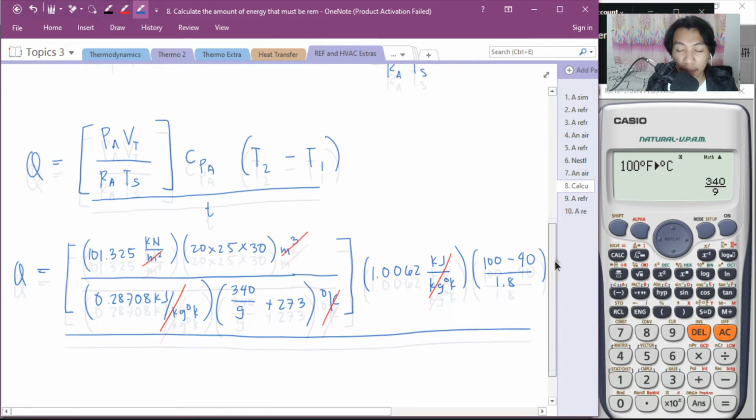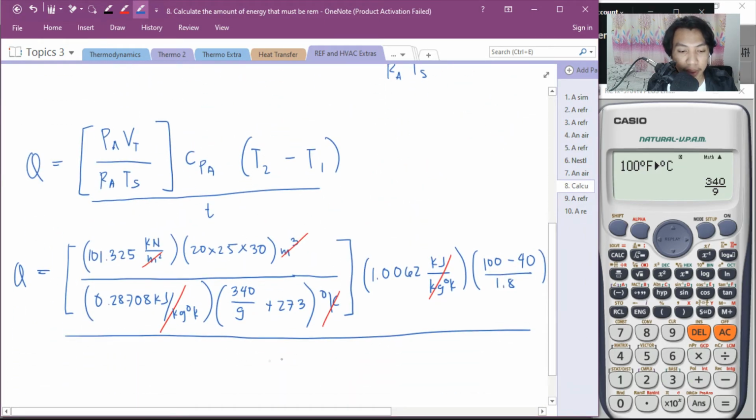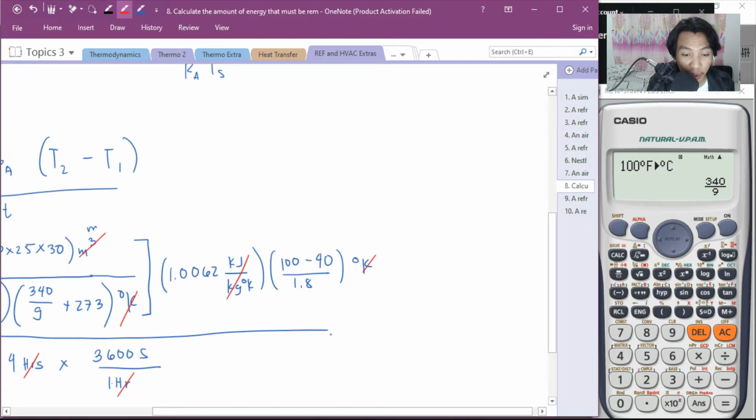So, the total time is, nakalagay dyan, 4 hours. 4 hours times, gawin na agad natin, 3,600 seconds in every hour para maging kilojoule per second. Kasi magiging dito, titira dito kilonewton meter per second eh. We cancel all the same units. And then, kapag natira is kilojoule, magiging kilowatts. Okay? Naging kilowatts na yan.